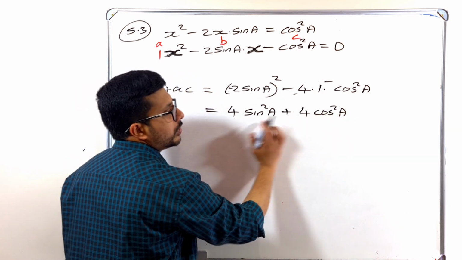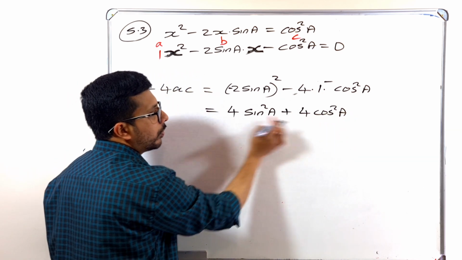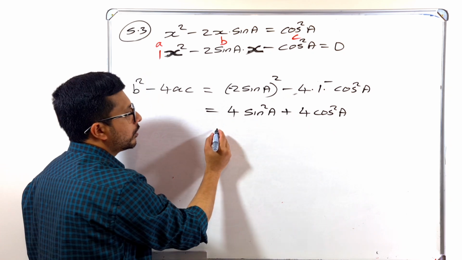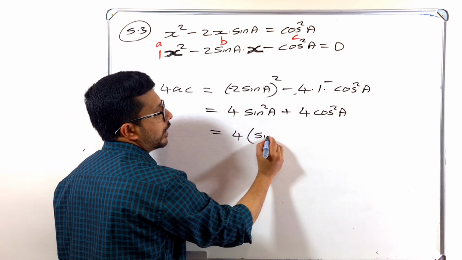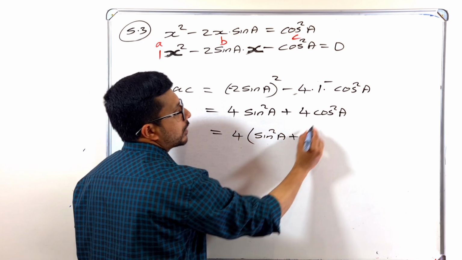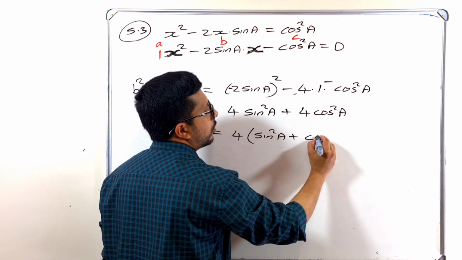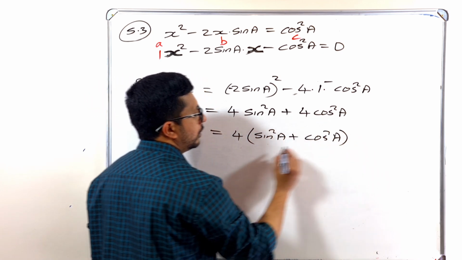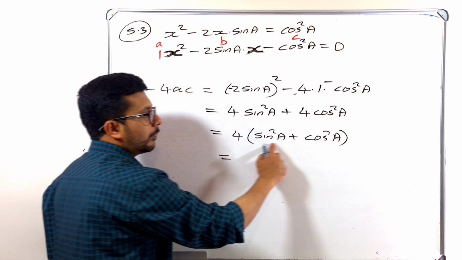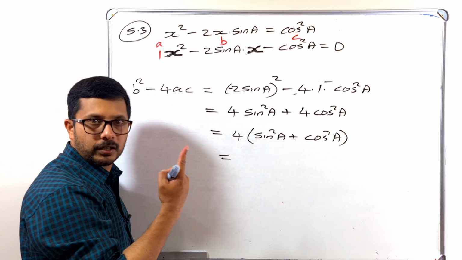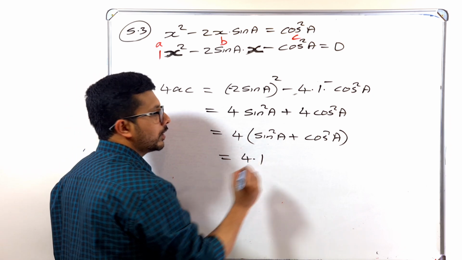Look at these two terms. Here you can see that 4 is a common factor, so take 4 as a common factor. What is remaining? Sine squared a plus cos squared a. That's an identity: sine squared a plus cos squared a is 1. So 4 times 1.